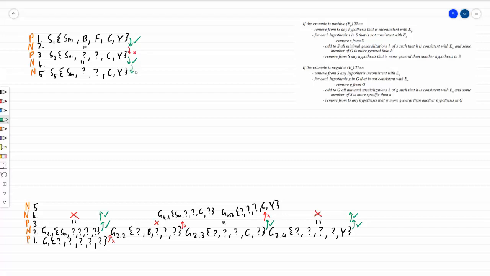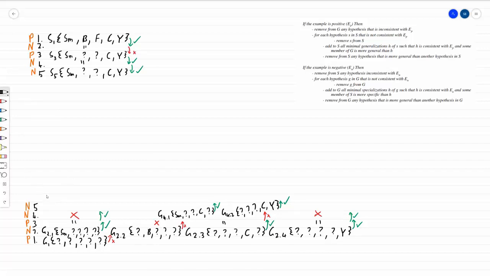Still consistent because it's not matching this negative. And our one here, we have Sam's, question mark, so we have Sam's, breakfast, Sunday, expensive, so that one doesn't match. That one gets to stay alive. And the last one, again, cheap is not, it's expensive, and we have cheap, so it is also not matching, so it's also fine. So those are our last ones.